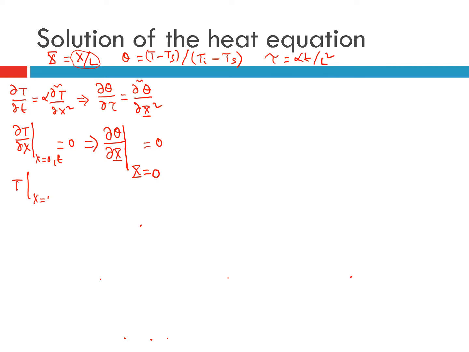And the other boundary condition is T at x equal to L at all time is equal to Ts, and that one converts to theta, which is T minus Ts over Ti minus Ts, is equal to theta at x equal to L, so this would be X, which is given by x over L, so theta at X equal to 1 at all time is equal to 0.